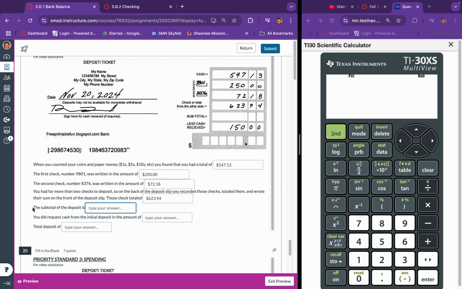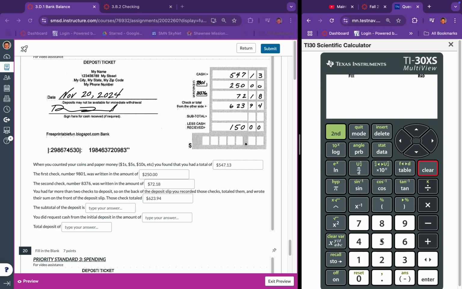Now it says the subtotal of the deposit is. That's right here, and that's blank. These 4 numbers need to be added together because this is all the money you brought into the bank, whether it was in cash or written in checks. We need to add all this together.